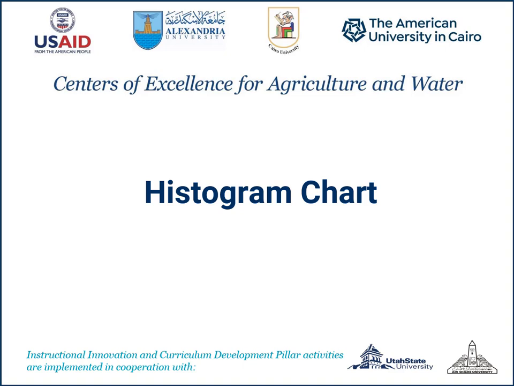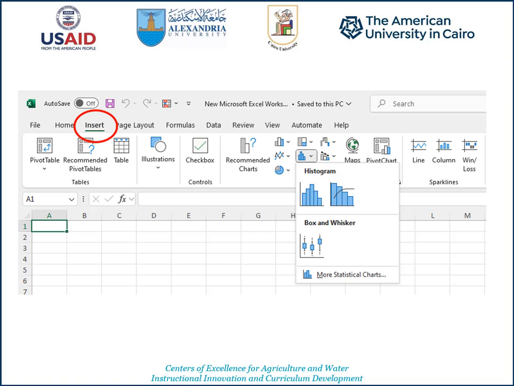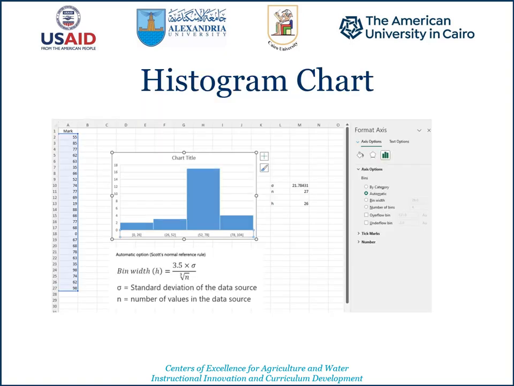Using Excel, we can use a histogram chart. We can highlight the data and then click insert, and then we use the histogram chart type, and we get this. The histogram bin width is calculated using a formula that's 3.5 multiplied by sigma divided by the cubic root of n, where sigma is the standard deviation and n is the number of values in the data source.